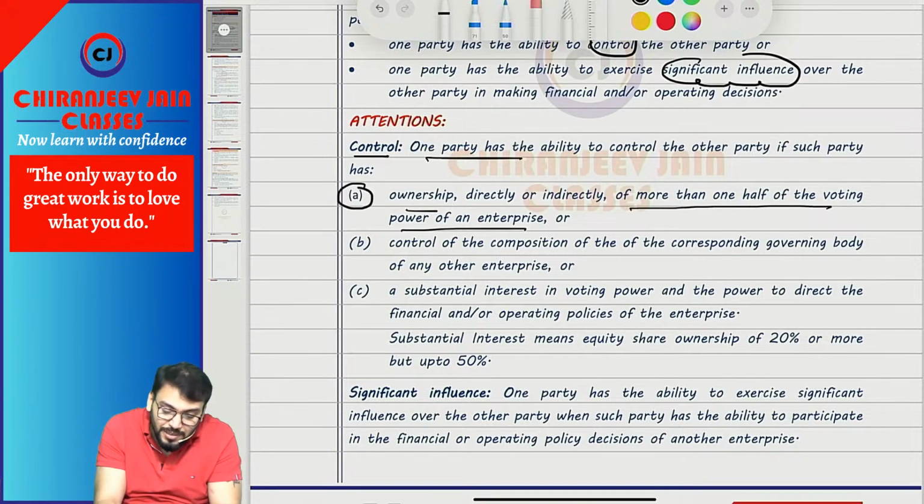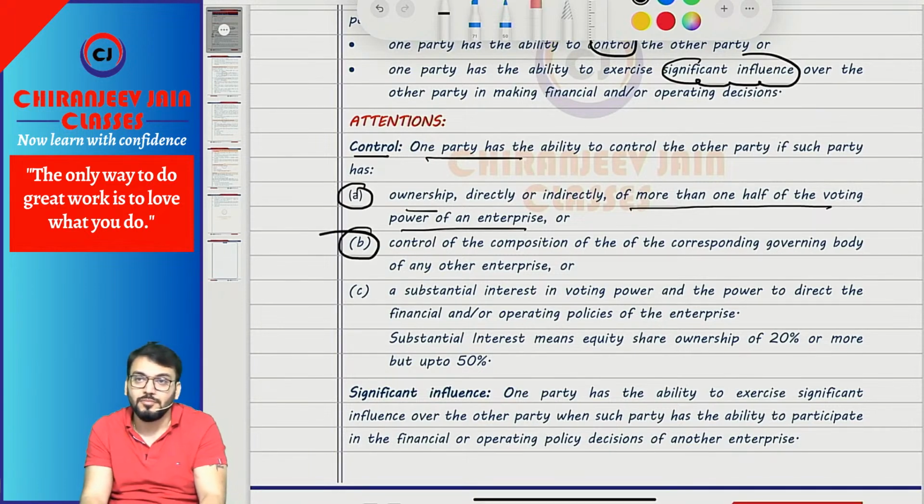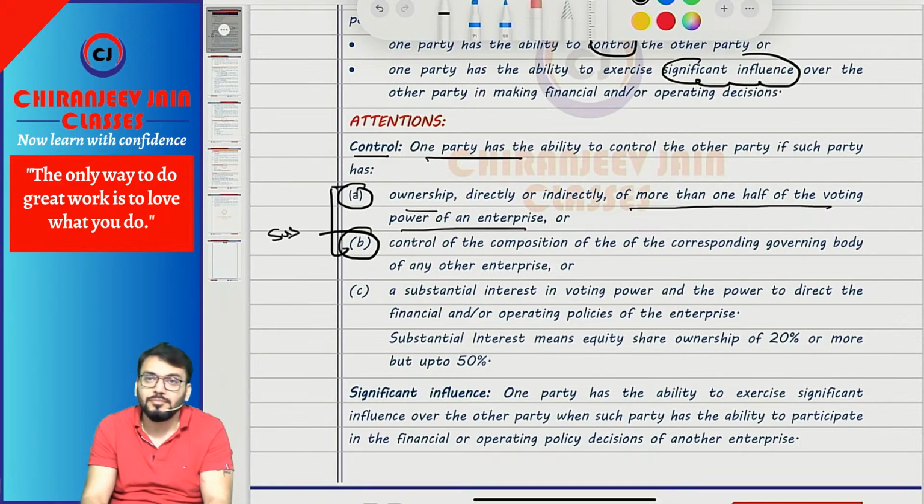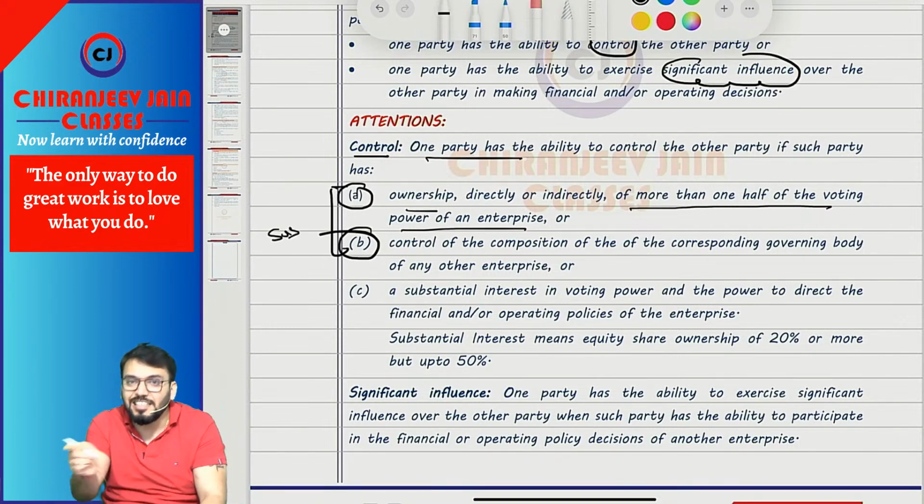I think we have done these 2 points in AS21 also. With these 2 points, can you see the other entity will become a subsidiary? Understood what I am saying?